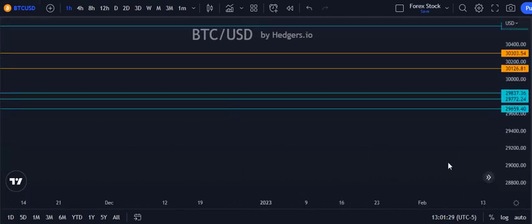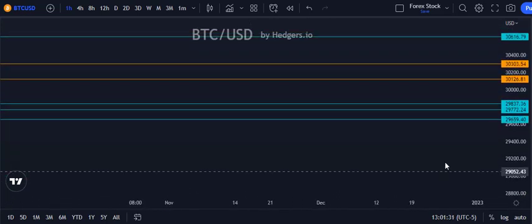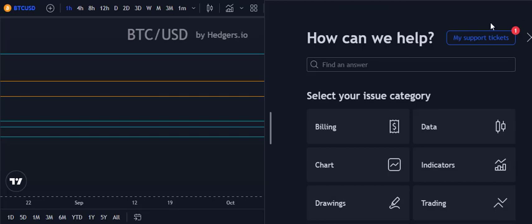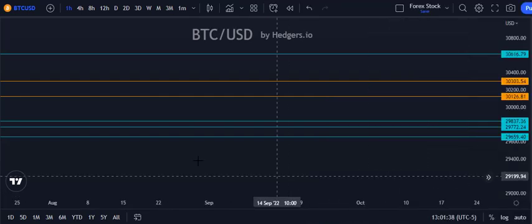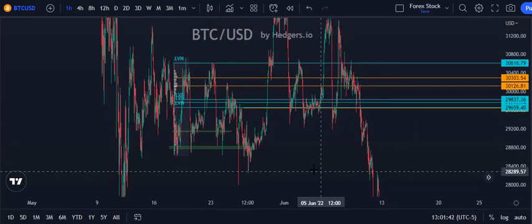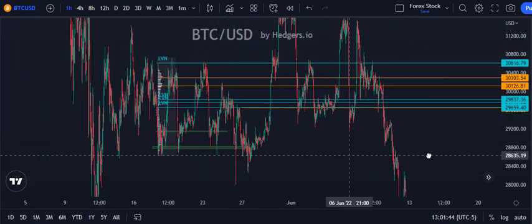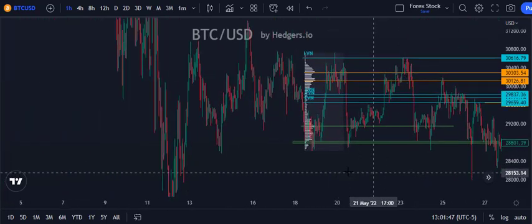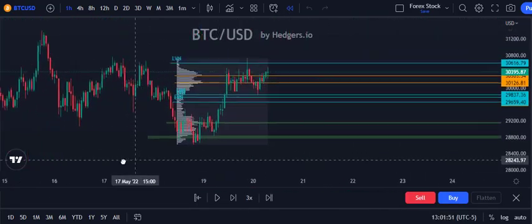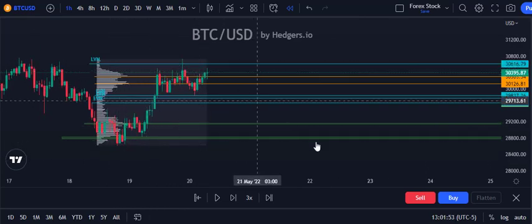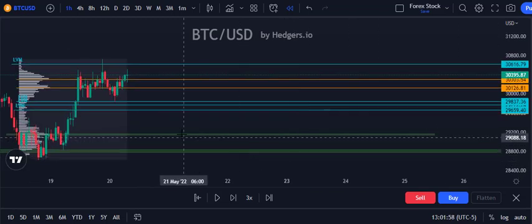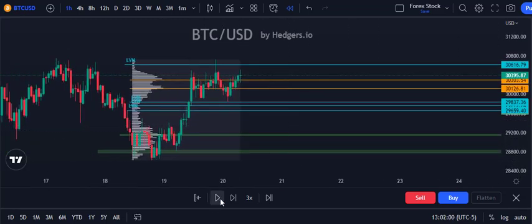Where we are. Okay, so from the swing high to the swing low, I want to know what are the upcoming opportunities for me to trade. So I mark the levels.